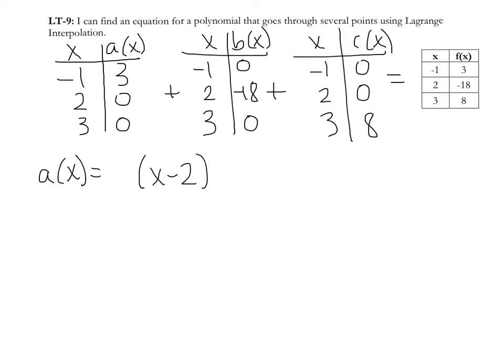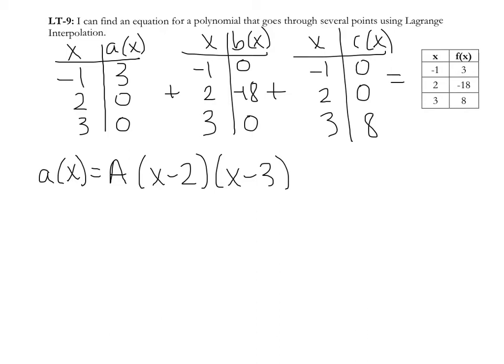If 3 is an x-intercept of a of x, then x minus 3 needs to be a factor. Now there's also going to be some leading coefficient in front here. We don't know what it is yet. We're going to have to actually solve for it. But for now, let's just put in a placeholder. I like to put a capital A to stand for my leading coefficient for now.